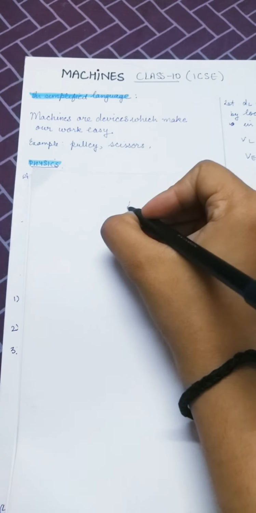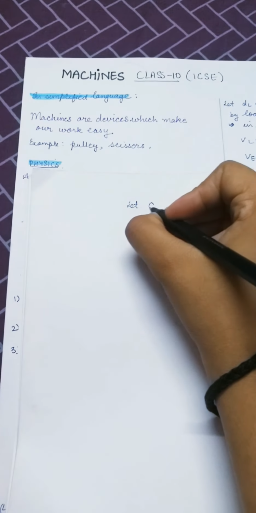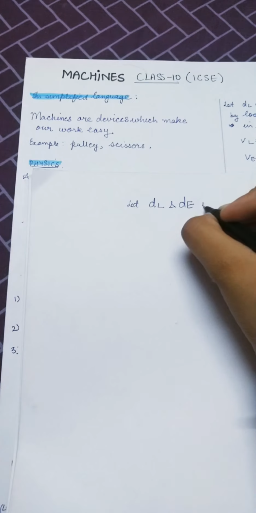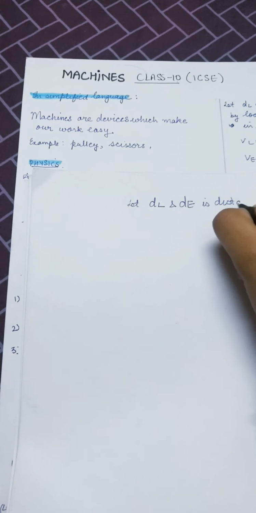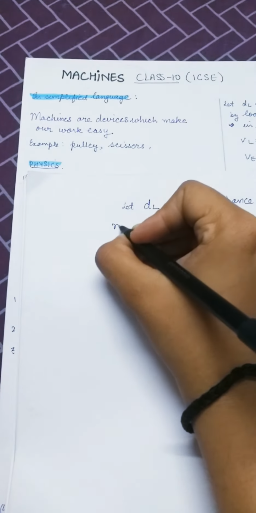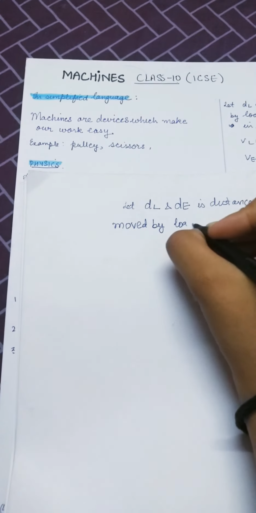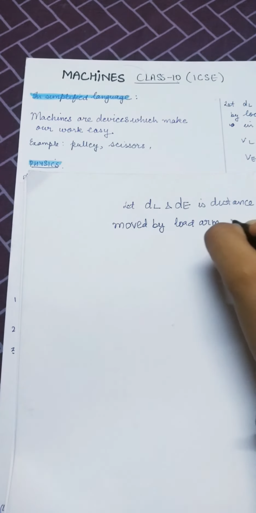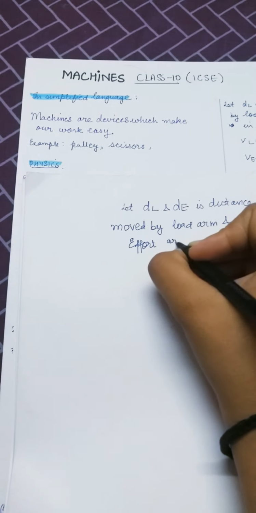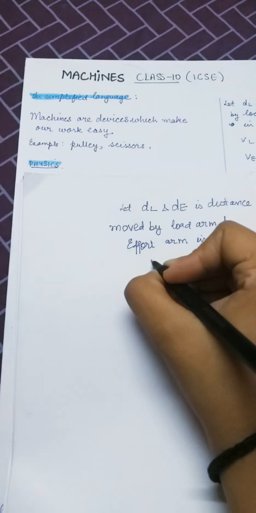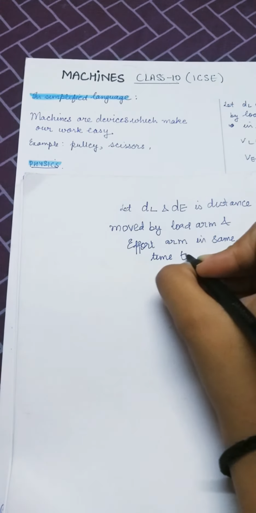Okay, let dL and dE be the distances moved by the load arm and effort arm in the same time t.